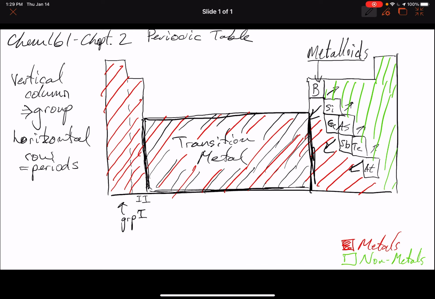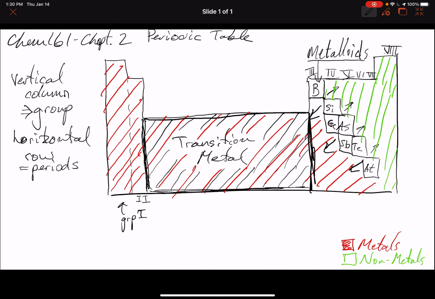Further, continuing our idea of groups, skipping the transition metals, we'll eventually find that there are 8 total columns. So Roman numeral 1 and 2, skip the transition metals, we'll have 3, 4, 5, 6, 7, and 8.